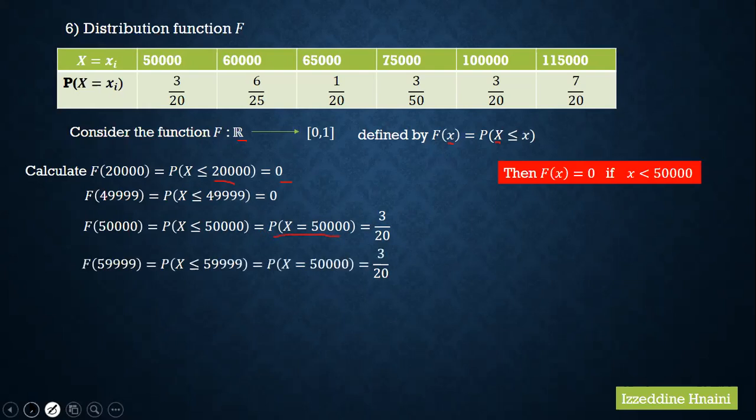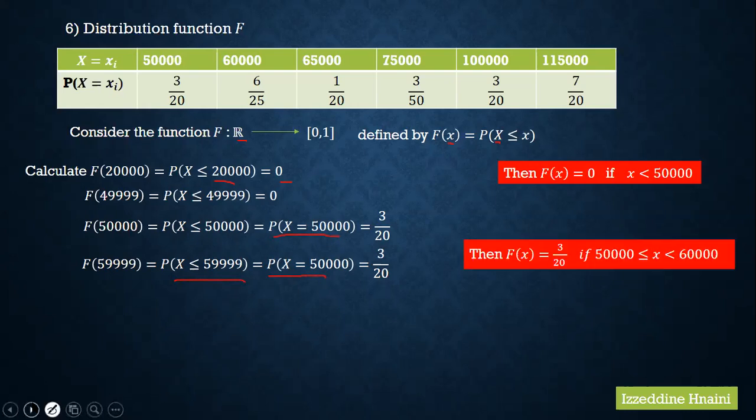So if I want to find F(59,999), it is the probability that the random variable is less than or equal to 59,999, which is also possible. It is the probability that X equals 50,000, that is 3/20. So I can deduce that F(x) equals 3/20 for any value between 50,000 included and 60,000.